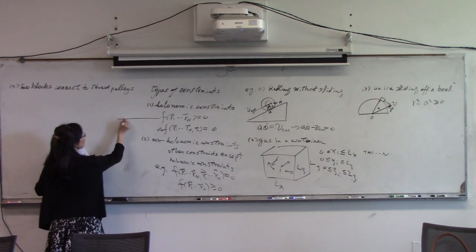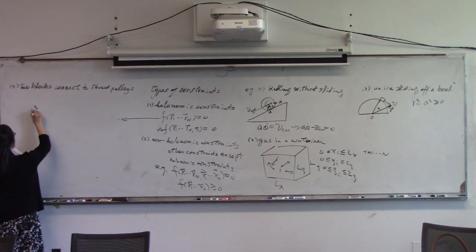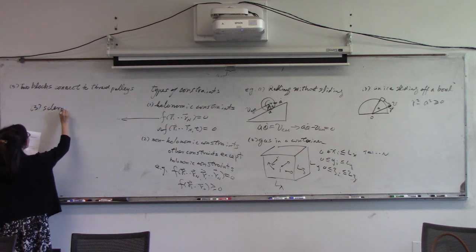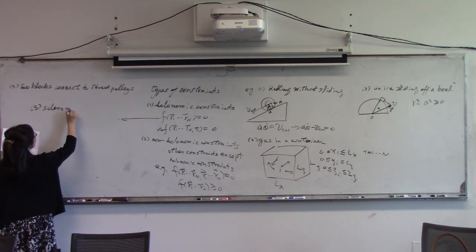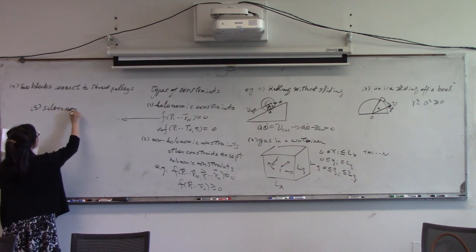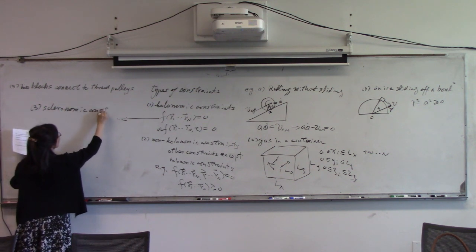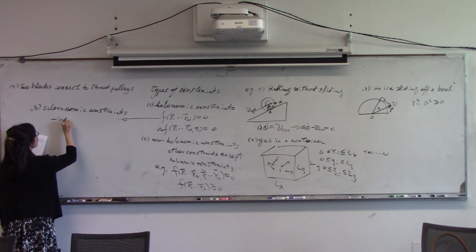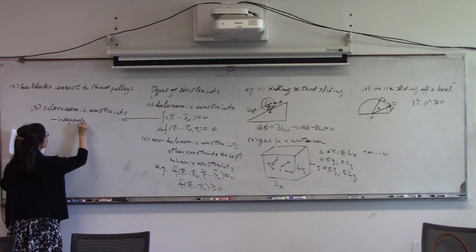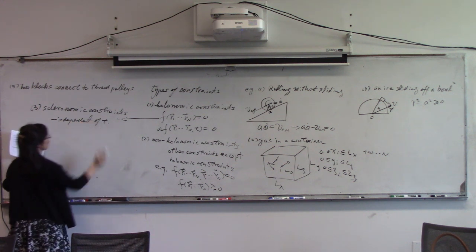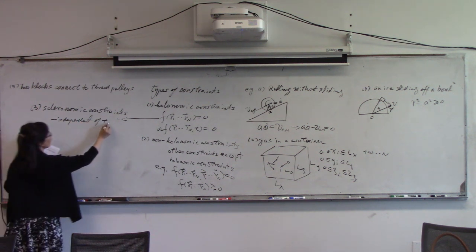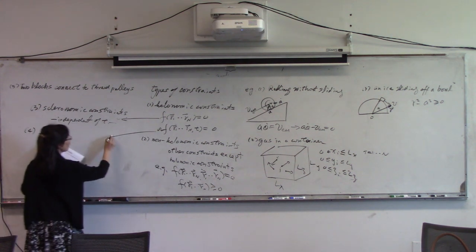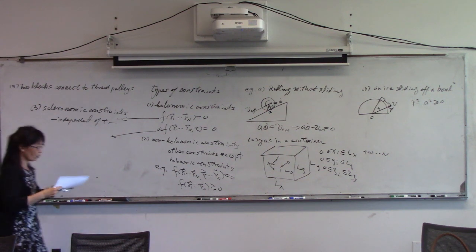So here we have number 3, the scleronomic constraint, which is independent of time. And oppositely, one that depends on time like this, we call rheonomic.